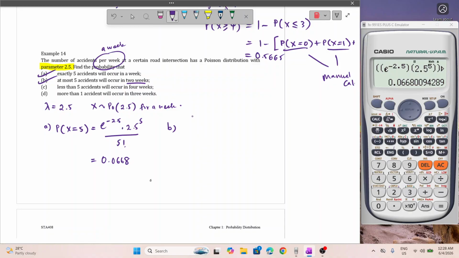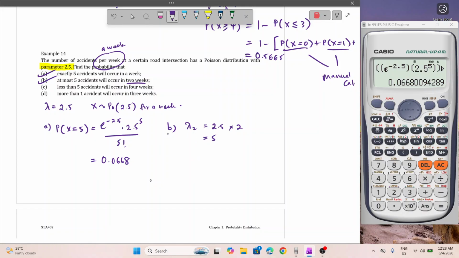If 1 week is 2.5 accidents, then for 2 weeks the new lambda is 2.5 times 2. So the new lambda is 5.